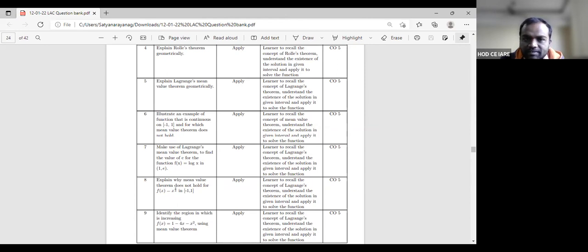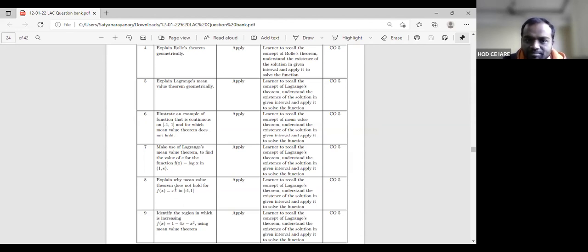We can write f dash of c, that is 1 by c, is equal to f of b minus f of a by b minus a, that is log e minus log 1 by e minus 1. So we find c. Use the formula once and write it.